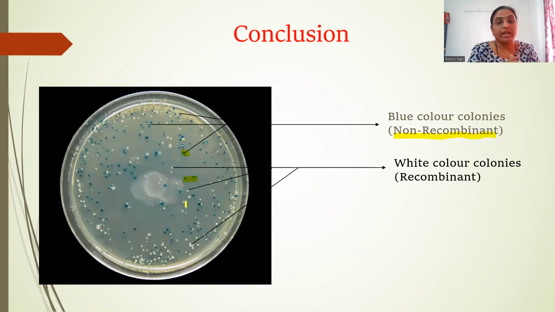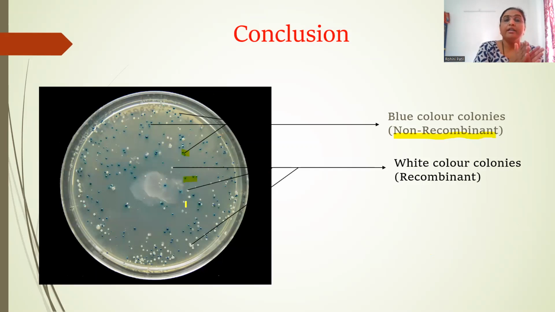So in this way, on a single plate, you can select for the recombinant and the non-recombinant. White colored colonies will be recombinant, and blue colored colonies will be non-recombinant.